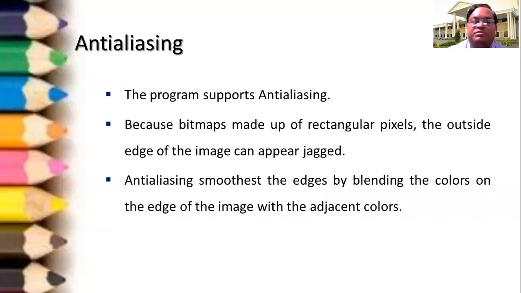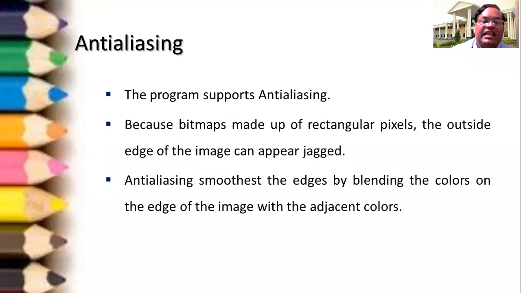And there is a special feature available in every graphics program called anti-aliasing. So the program supports anti-aliasing. Here, bitmap images basically draw the graphics in terms of rectangular pixels, meaning the outside edges of the image appear like a rectangle, and you can smoothen the edges of the image.